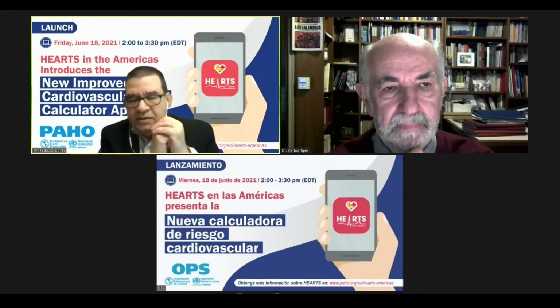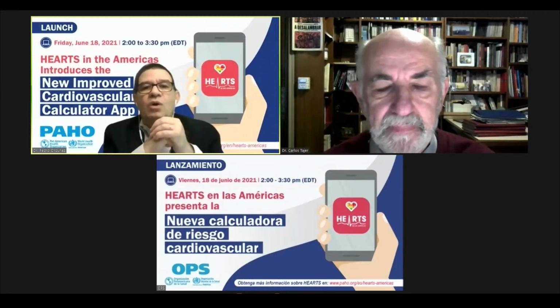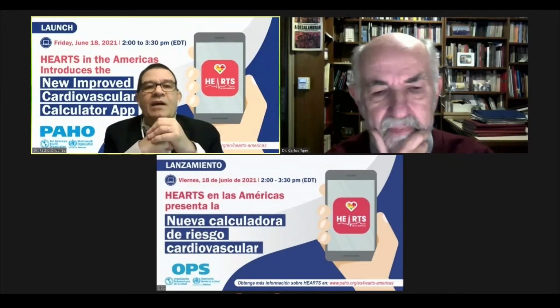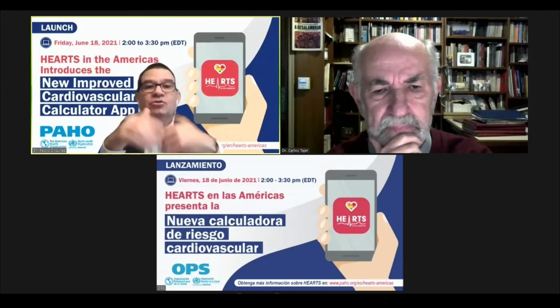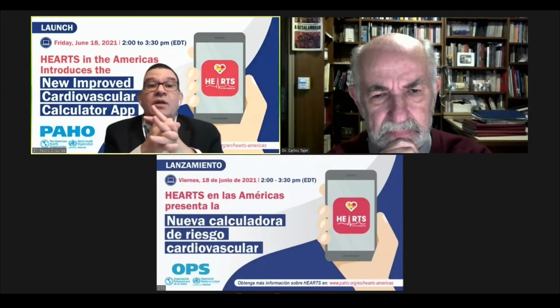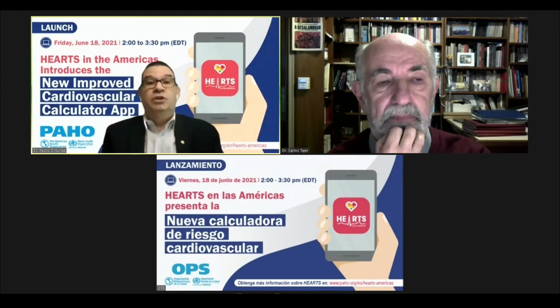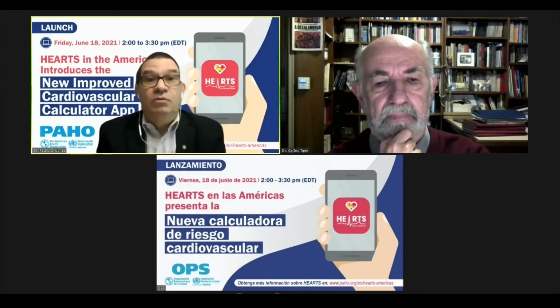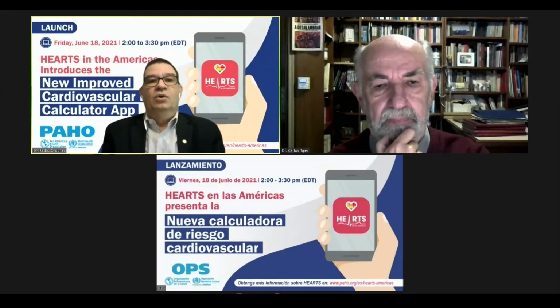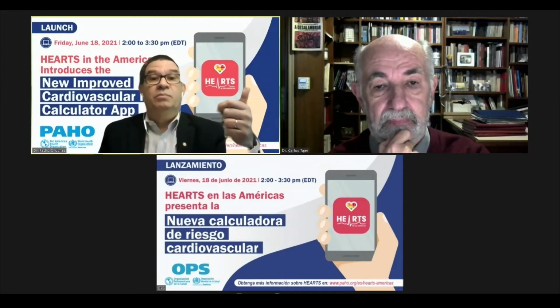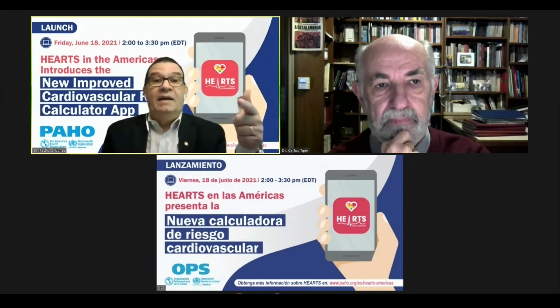Rafael del Alba, who is also connected here, said that in some areas, the most vulnerable people are considered high risk. They are added to the equation. Yes, vulnerable people, because they have a lot of vulnerabilities, we consider them high risk because they have less access to health services.